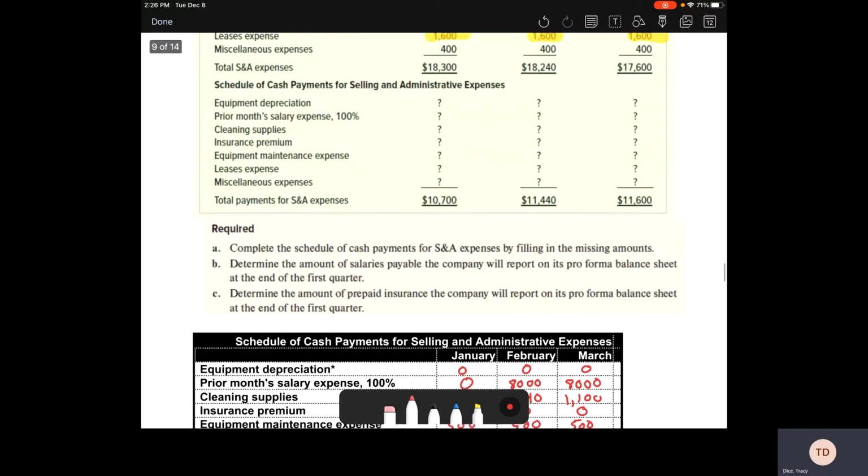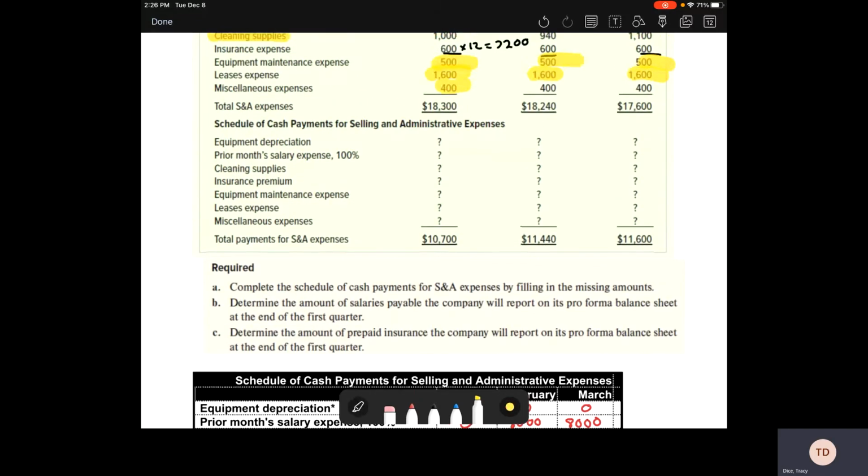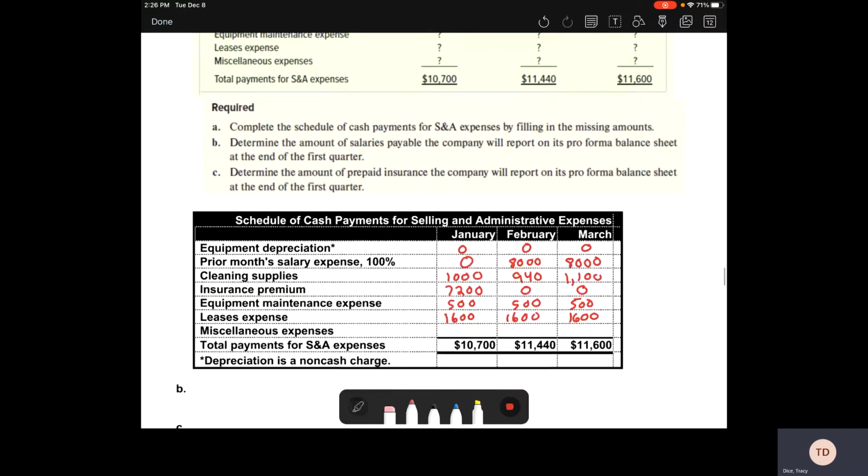And then finally, our miscellaneous expenses, which again, we have $400 worth of miscellaneous expenses every month. So now you can see that when you add those up, your total payments for selling and administrative expenses in the month of January is $10,700. In the month of February, it's $11,440. And in the month of March, it's $11,600.